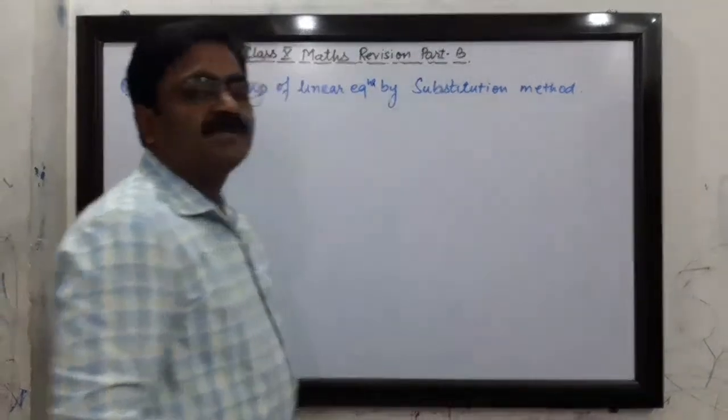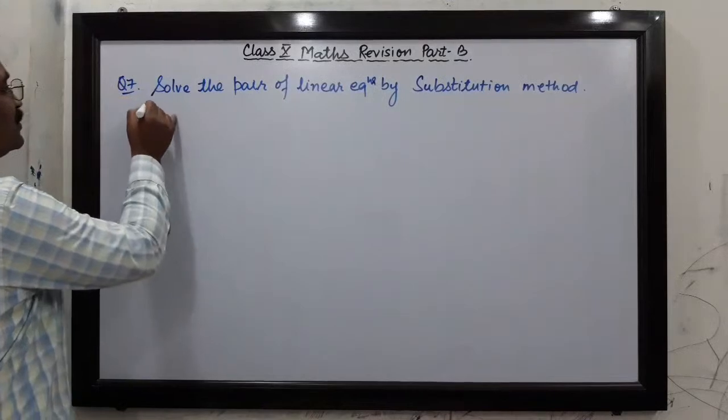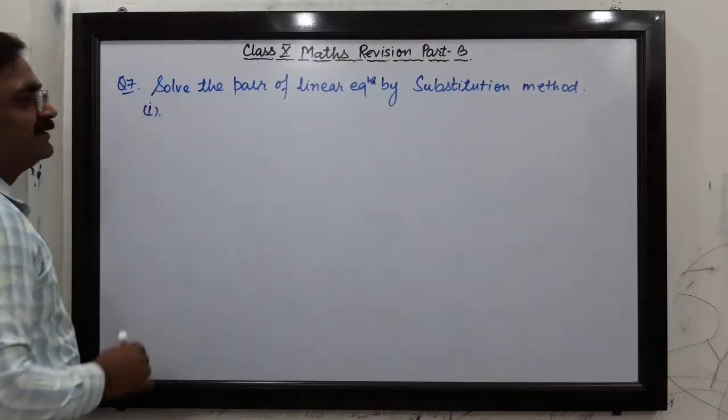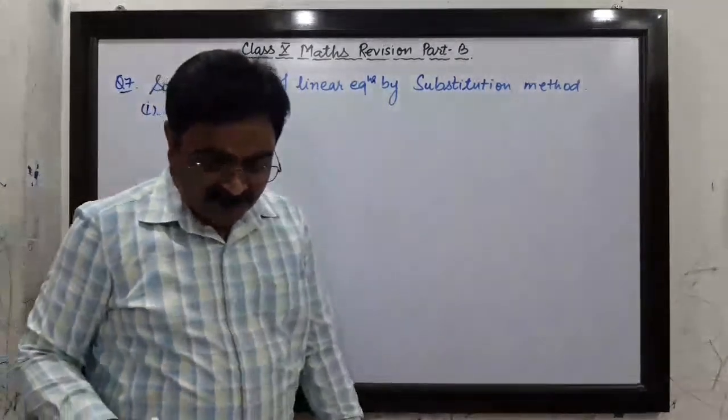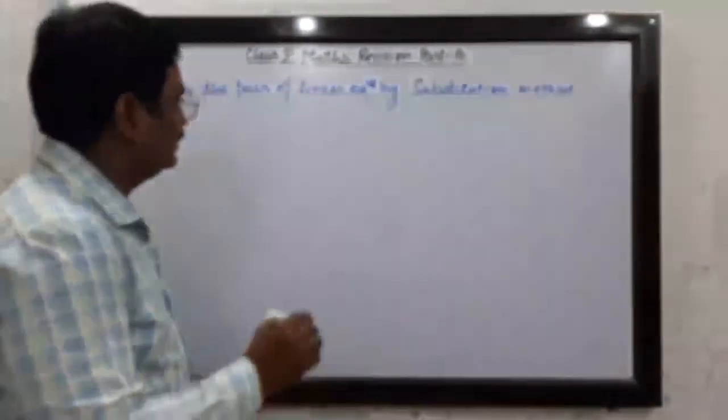Okay friends, let's see the first question of this part. The first question is given: x plus y is equal to 7, equation number 1. And the second equation is 7x minus y is equal to 1. This is your second equation.